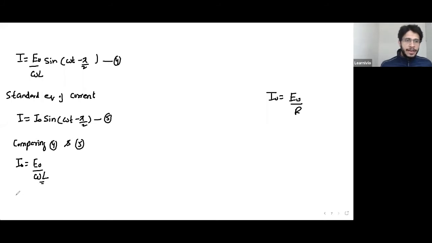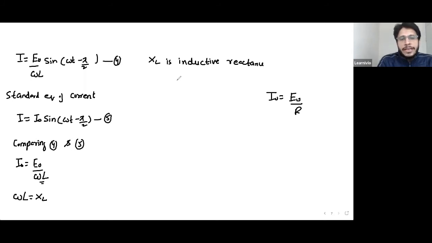We represent this omega L by XL, and we call XL the inductive reactance.